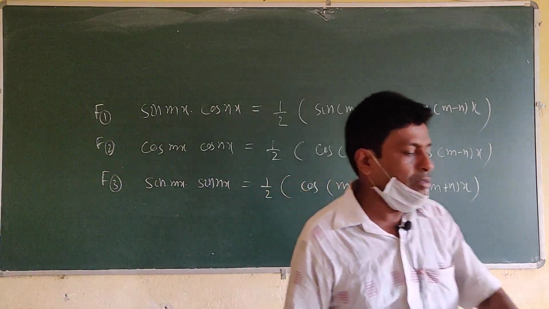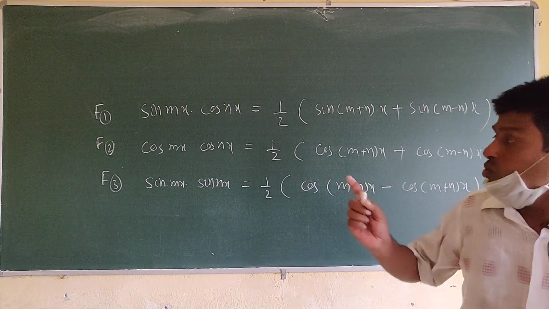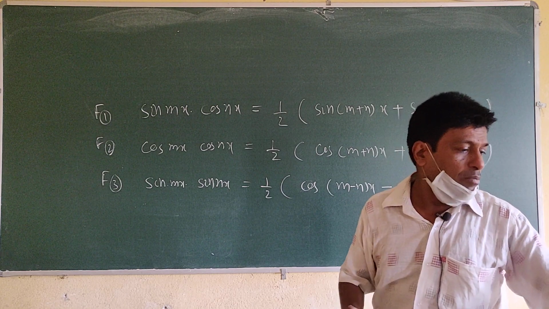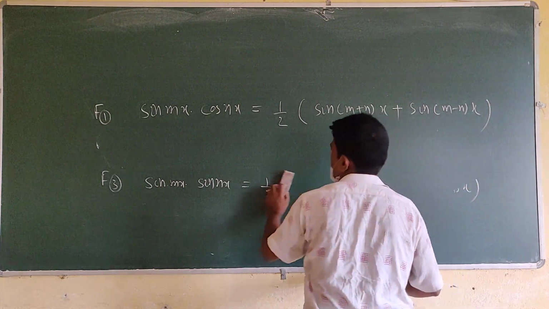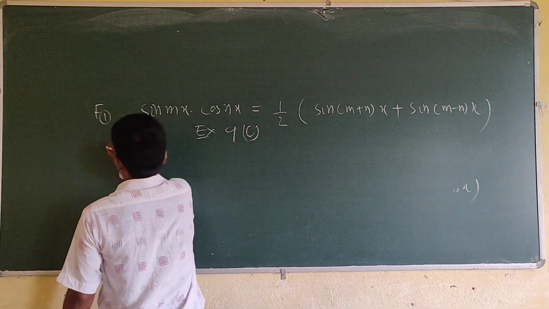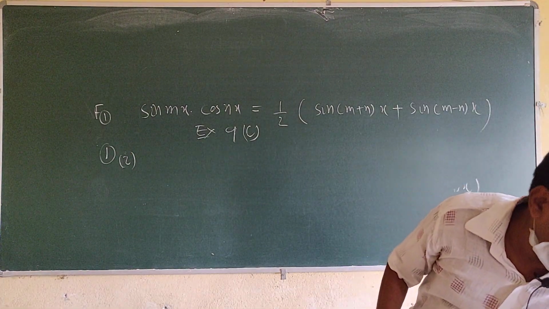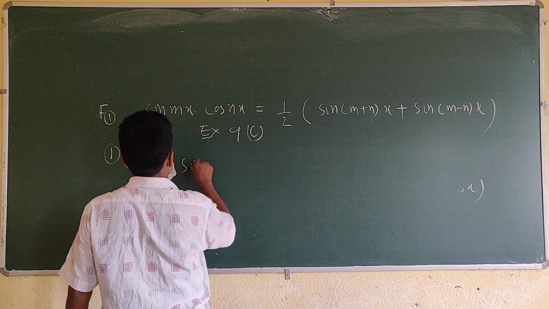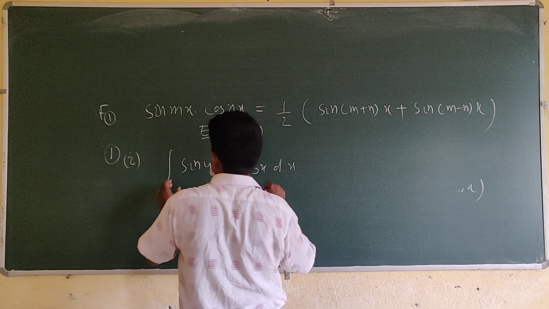Now we start some questions from exercise 9c. Look at number 1, part i, where we use that formula. Now that is sin 4x into cos 3x dx.